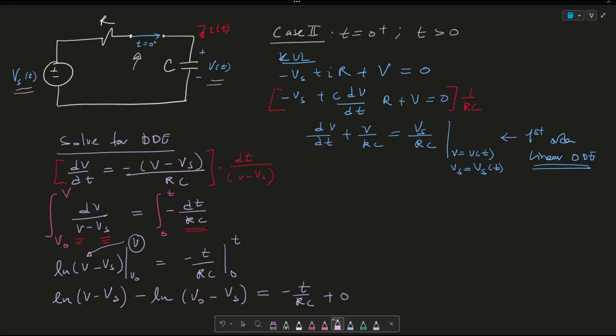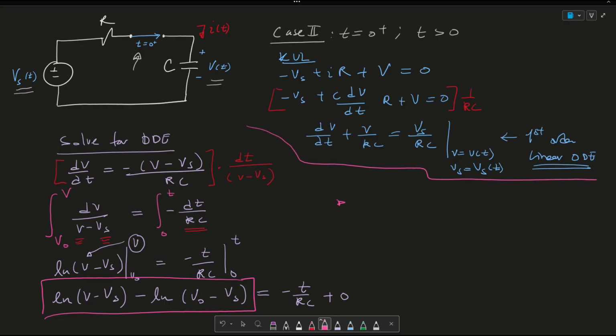Since we're subtracting ln's or logs from each other, we can divide them, right? So I'll do a box here, and this becomes ln of V minus Vs over V0 minus Vs, which must be equated to minus t over RC.